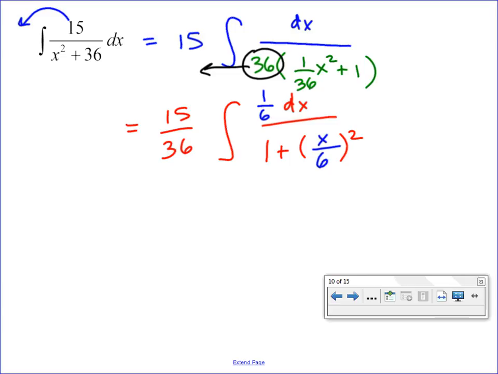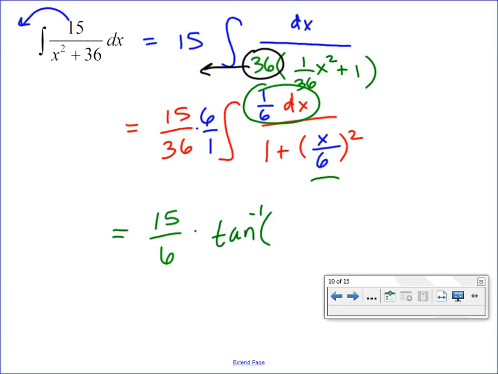So what do I need? I need a times 6 over 1 out front. Now I think we finally got it. So I've got 1/36 times 6 is 1/6, which is going to reduce nicely for us in just a minute, times, there's my derivative of the input, so I'm ready to go with inverse tangent of x over 6 plus c.